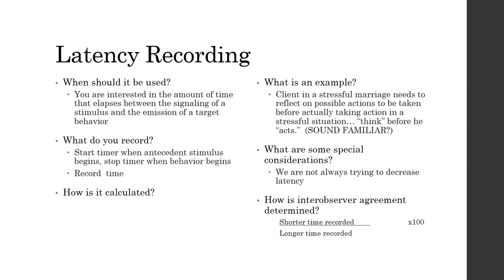Start your timer when the antecedent stimulus begins or the instructions are given, and stop the timer when the behavior begins and record that time. So an example might be a client in a stressful marriage who needs to reflect on possible action to be taken before actually taking action in a stressful situation, or thinking before acting. Does that sound familiar? So we're not always trying to decrease latency. Sometimes we want longer latency, as in the example of the stressful marriage.